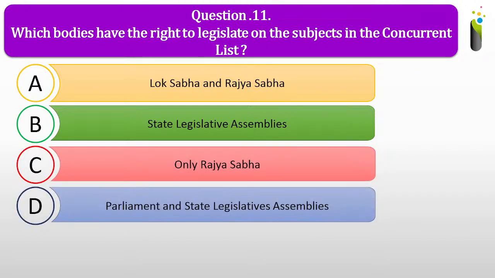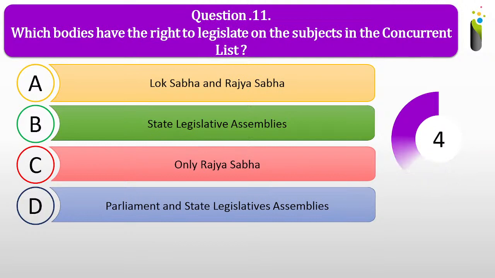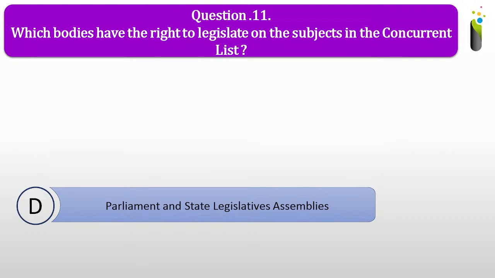D. Parliament and state legislative assemblies. And the correct answer for this question is D. So Parliament and state legislative assemblies have the right to legislate on the subjects in the concurrent list.